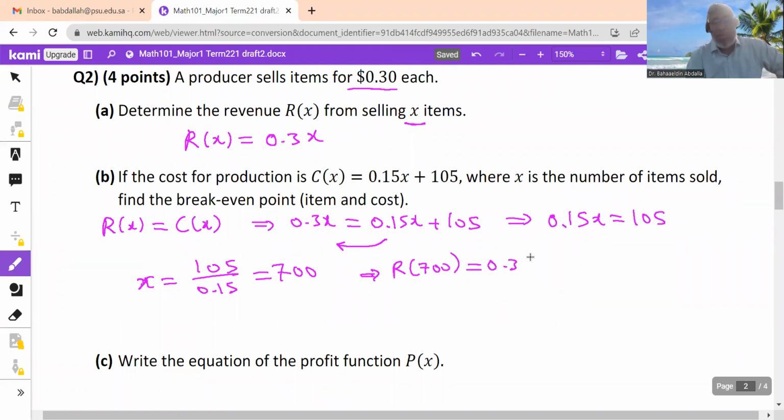So 0.3 times 700 will give me 210, and that's the break-even point. You can write it as a point: 700 is the number of items, which is x, and y is the cost or the revenue, which is 210.